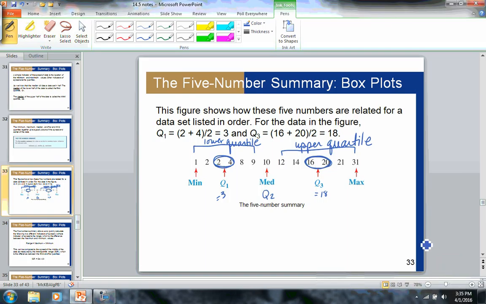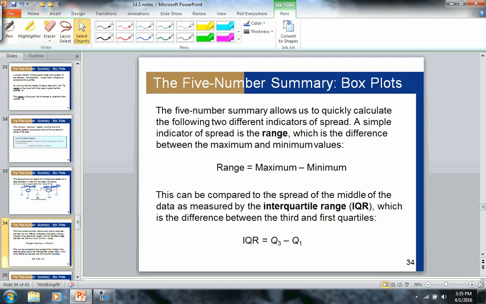So those are going to be our 5 pieces of information that we're going to use over and over. We're going to have our minimum, our Q1, and then our median or Q2, and then Q3, and then our maximum. So seeing it in an actual example, I think, makes a little bit more sense. Now the other pieces of information we're going to find is going to be our range.